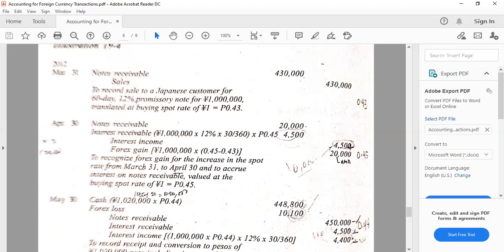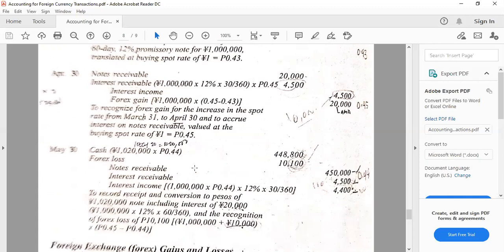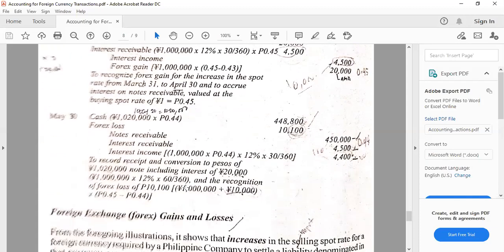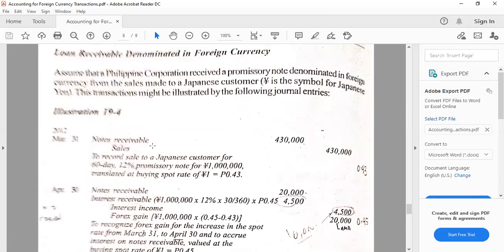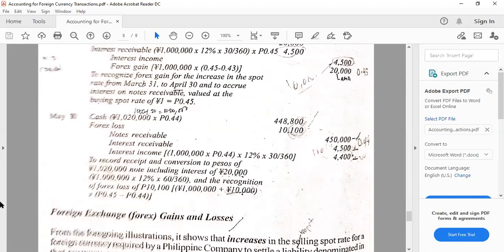And then the Forex gain is again just related to the principal, not involving the interest. And then for May 30, of course, there is already the recognition of Forex loss, including the interest. Of course, this is the settlement date, or the collection date for the loans receivable.